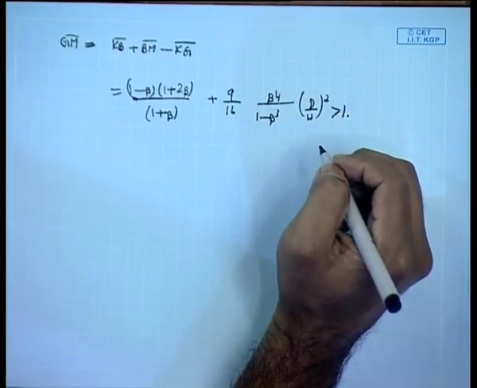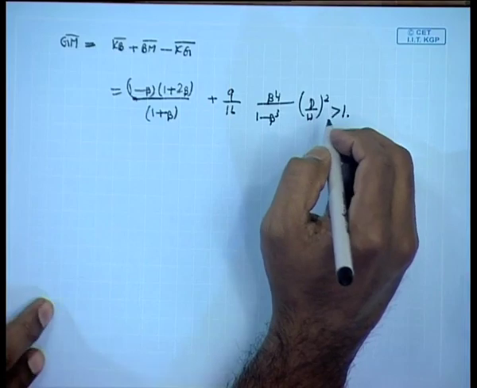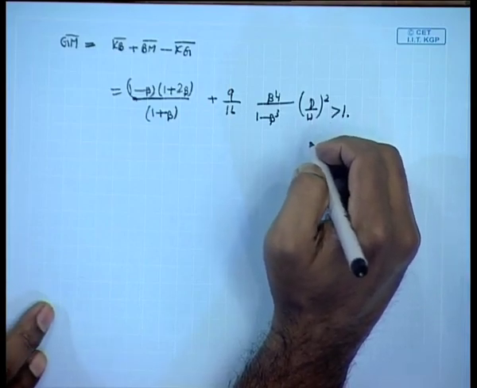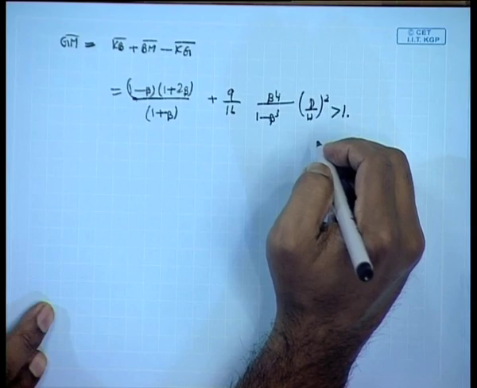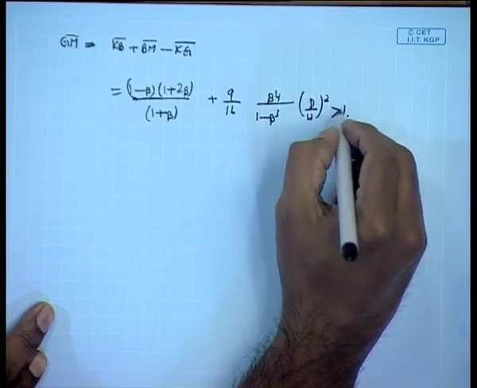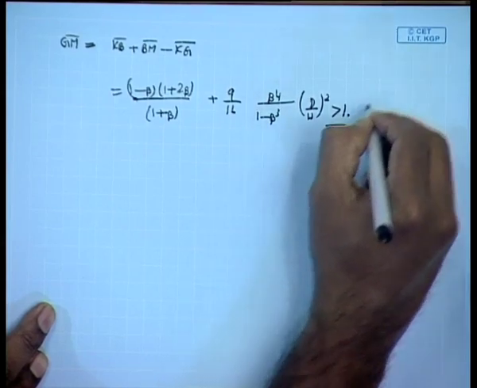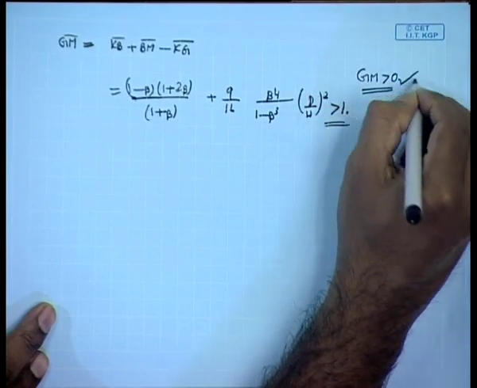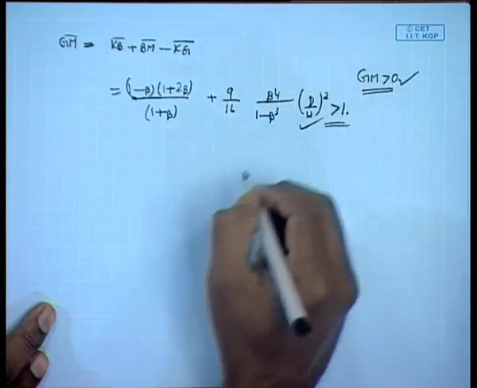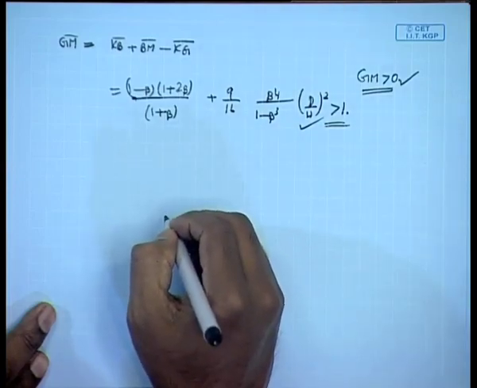So this is the condition for GM. So if this happens, this is by putting the condition that GM greater than 0. If you put this condition, you get this expression, and this is the condition for the cone to be stable.